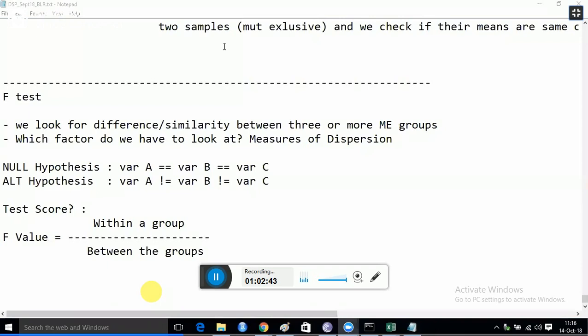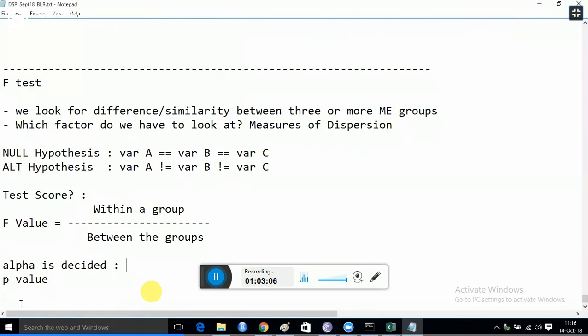Just give me a second. Let me complete this. Now then you'll definitely have a p-value. Yes, the software will definitely give you a p-value. Same rule for the p-value. You decide on alpha. Alpha is decided, you know how to decide alpha from our previous example.